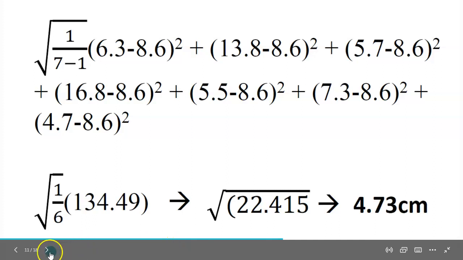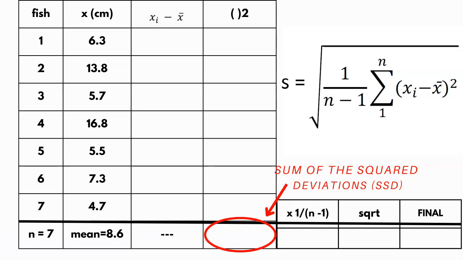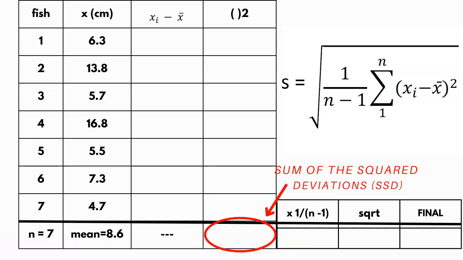Here's an alternate method. Set up a data table on your paper like this, with room for all the steps. First, find the deviations, then square them. Once you sum them up, it's called the sum of the squared deviations.